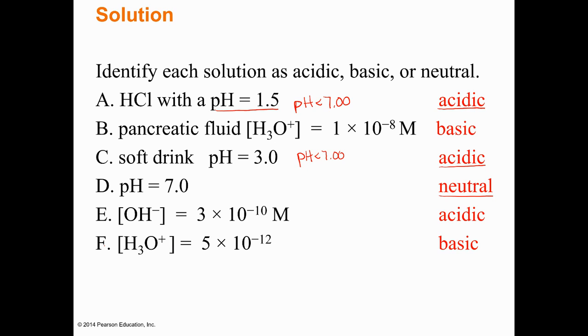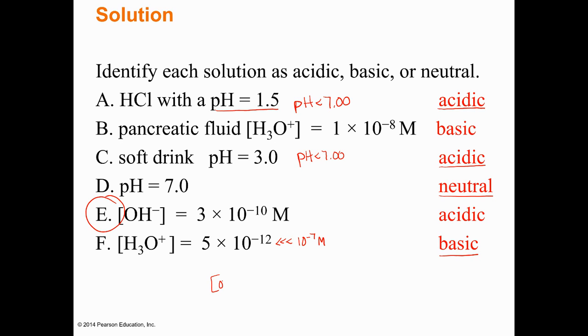Let's go to the F first. 5 times 10 to the negative 12 is much less than 10 to the minus 7. So that is basic. And now the hydroxide one is interesting. One way to easily think of this one is to convert it over to hydronium.